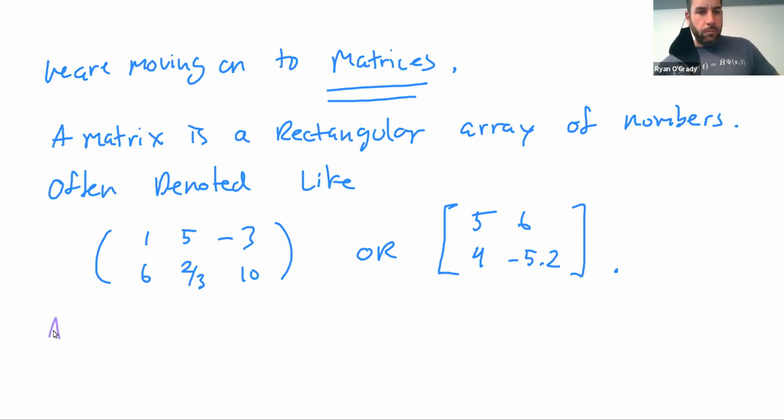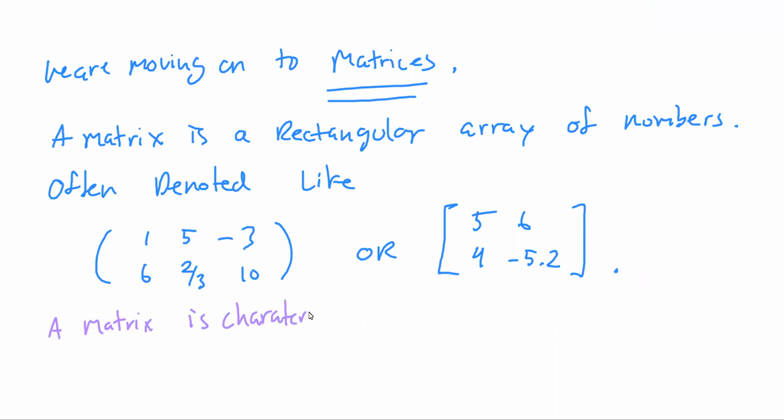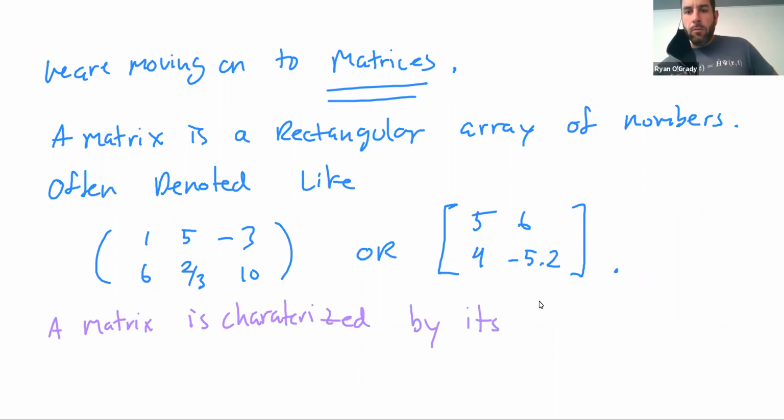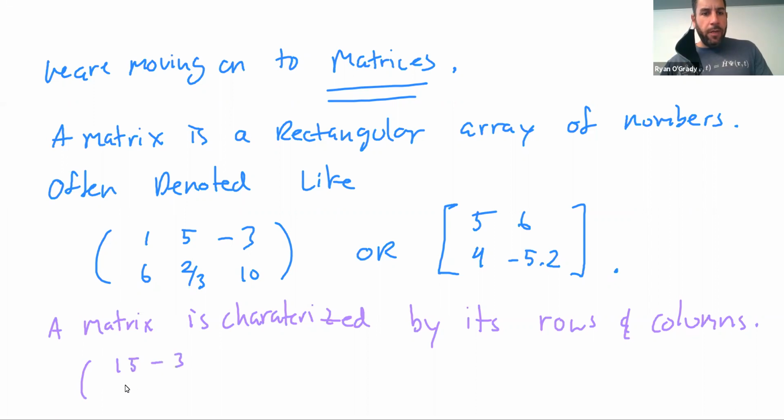So a matrix is characterized by its rows and columns. So, for example, 1, 5, -3, 6, 2/3, 10. I guess I should be a little cleaner with this.